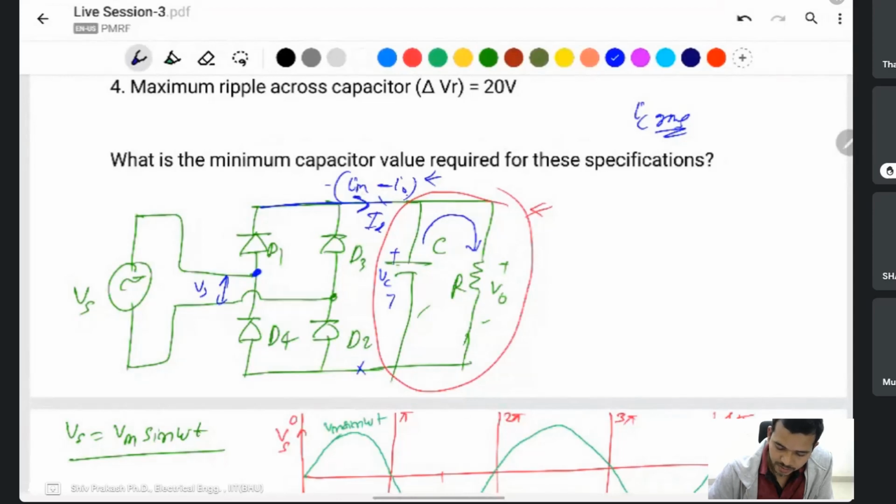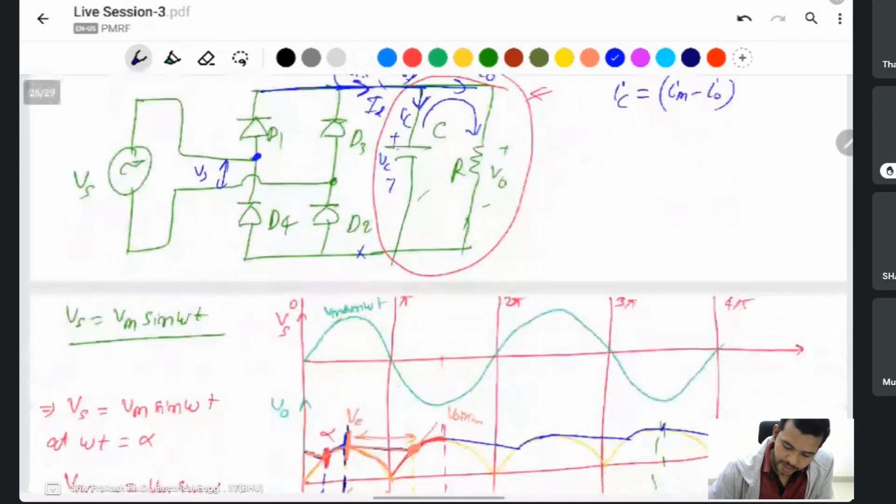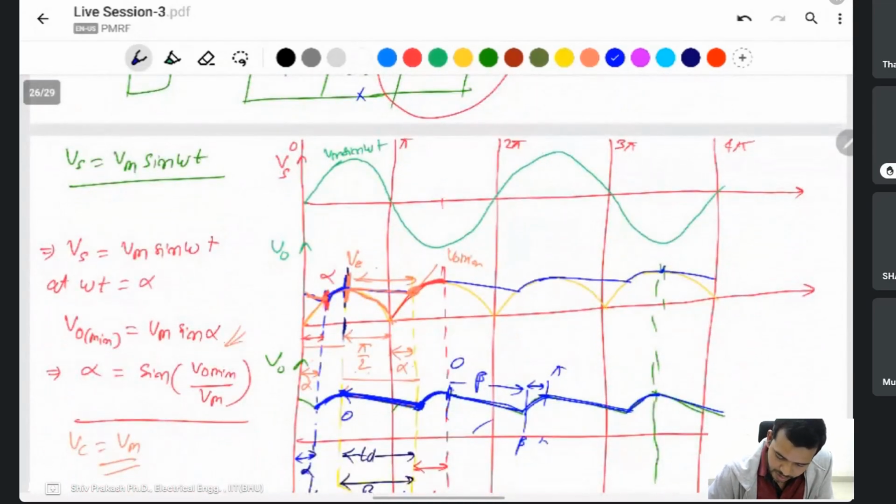IM minus I naught is the current that flows to the capacitor. If this one is I naught and this one is IM, then this is the current flow IC, and you can say IC is equal to IM minus I naught. It will flow only for this alpha 2.